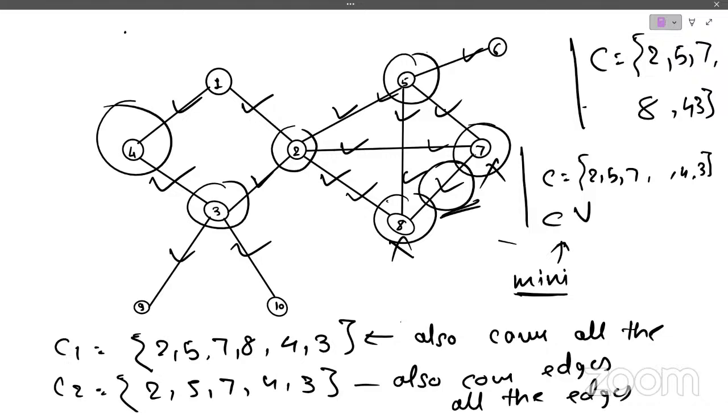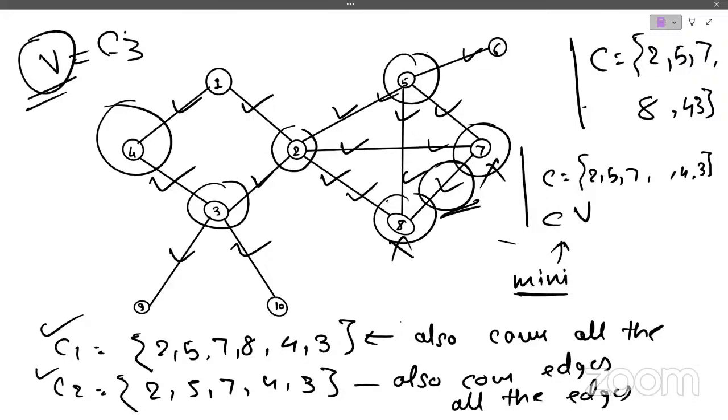So they both qualify as vertex covers. We say that C1 and C2 both are vertex covers. If I consider V itself, suppose I consider V to be my C3, I mean I take all the vertices, then that is also a vertex cover for a graph.